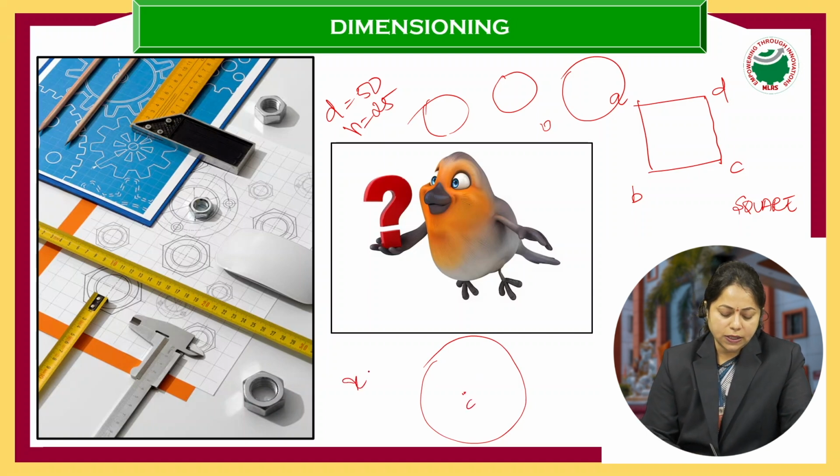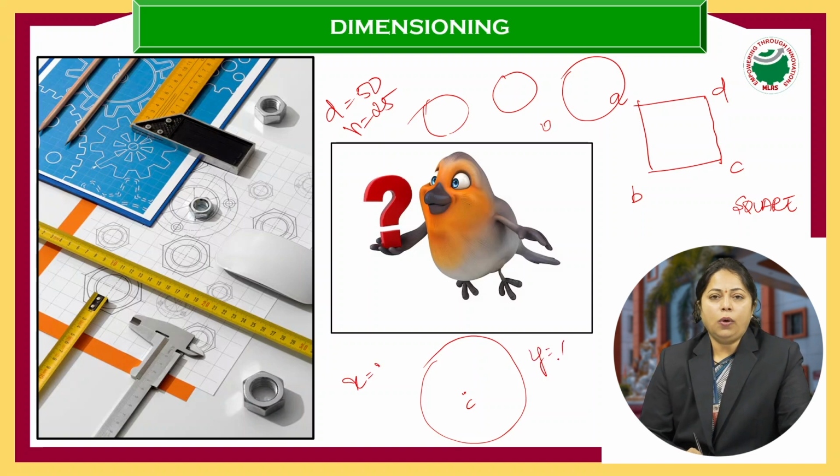So some X is doing it or some Y is drawing the circle. It is one and the same. So what is it that we have to concentrate on? This circle is given certain specifications, in terms of diameter or radius, and that is called dimensioning.